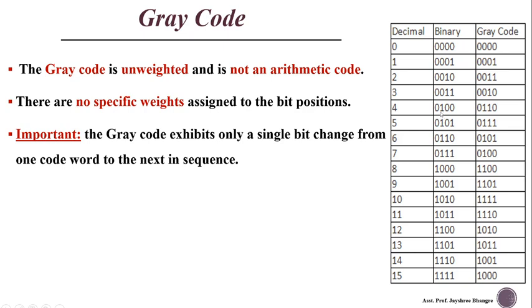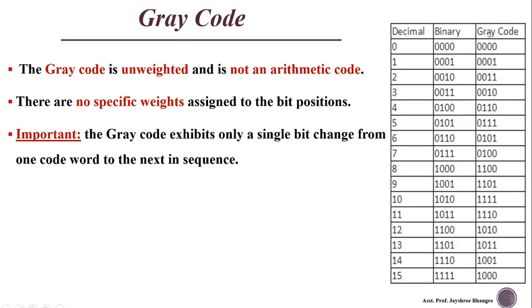Let's see another example. Here 7 is represented as 0111 and 8 is represented as 1000. So to represent the next number, 8, there are 4 bits that simultaneously change in binary. That means these three 1s change to 0 and this 0 changes to 1.